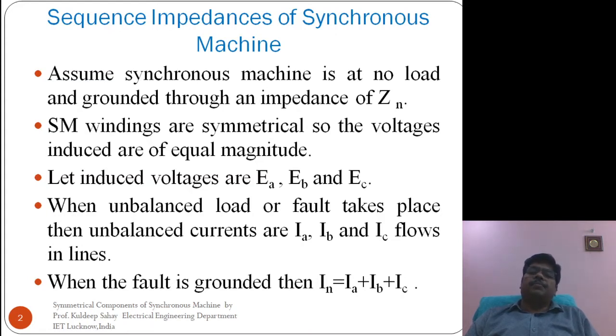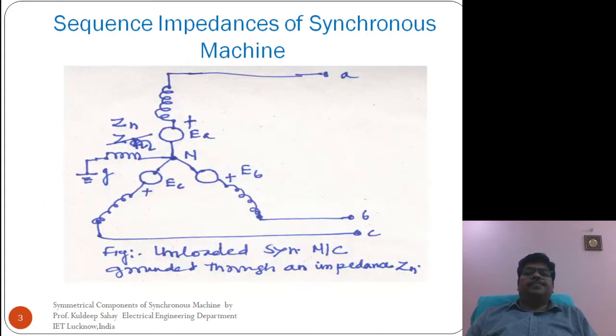If there is a fault on an unbalanced load, then unbalanced currents IA, IB and IC flow in the lines, and when the fault is grounded, the neutral current will be equal to the sum of these unbalanced currents, meaning IA plus IB plus IC. Here in this diagram you can see that the neutral or star point is grounded through the impedance Zn.